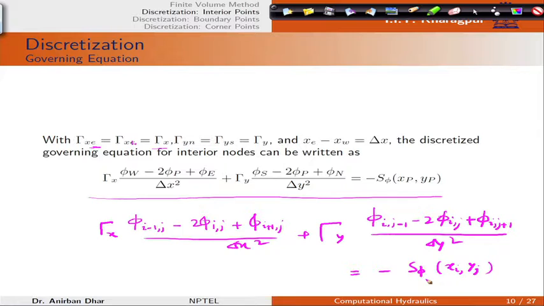So, in this case we can see that there is equivalence in the finite difference and finite volume discretizations.